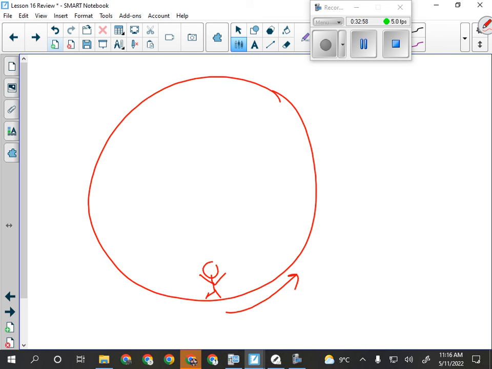But the curve, the inside of the drum, prevents it and pushes you back towards the middle. That push back towards the middle is dependent on the radius of the circle and the speed at which the circle is moving, which is why we can set it up and say the centripetal force is equal to the force of gravity.